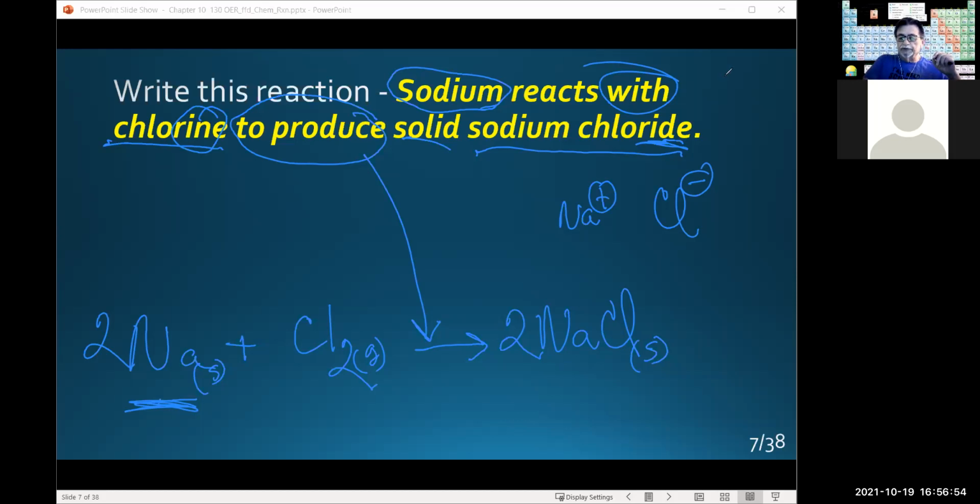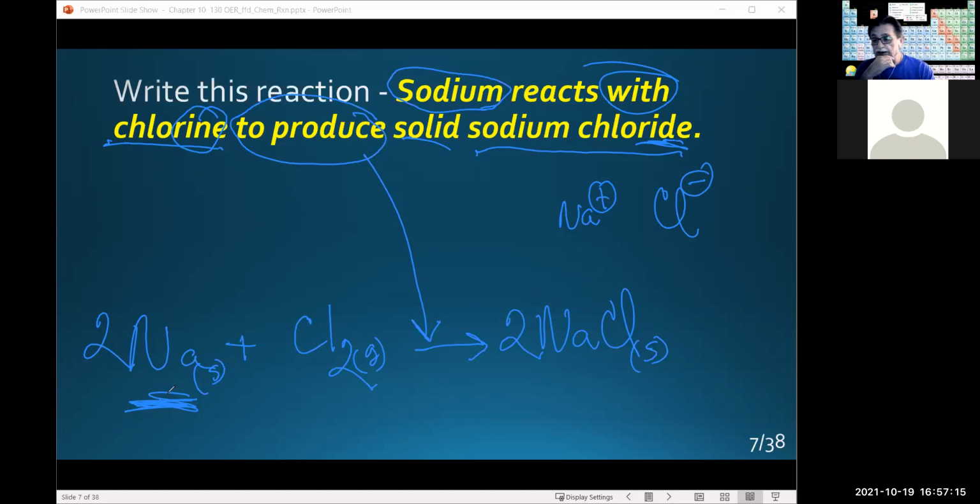In this particular reaction, which is fascinating in itself. Why? Because you have a metal, sodium metal, that is so reactive, we have to store it in oil. You leave it out, it can react very readily with moisture in the air. And when it reacts with water, it's a violent reaction.